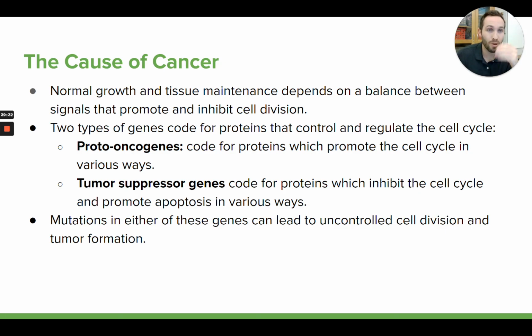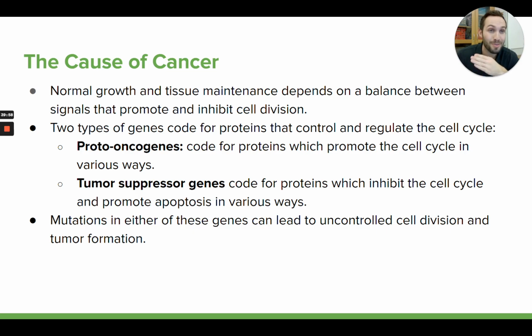So these are proteins whose job in some way is telling cells don't divide. Sometimes these are proteins that lead to apoptosis, that tell cells actually definitely don't divide, you need to kill yourself. And so proteins that are involved in halting or stopping or slowing down the cell cycle or cell division or leading to apoptosis, we call those tumor suppressor genes, which are actually also a good thing.